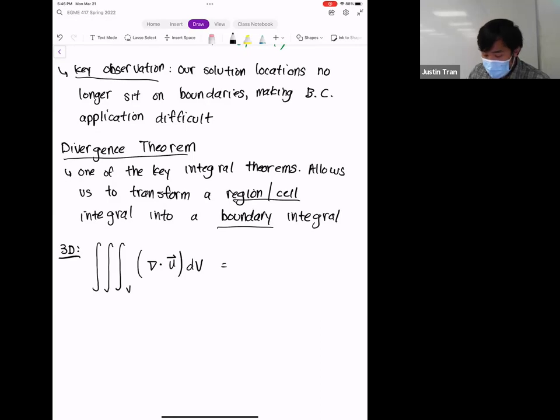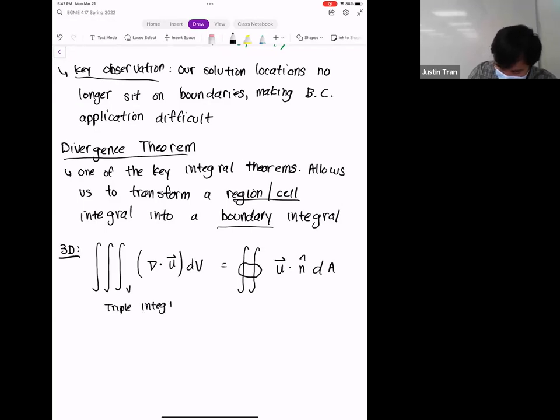And so what the divergence theorem says is that if you have the divergence of some function like this, you can transform this triple integral here into a surface integral. Okay. And so I'm going to denote a surface integral by writing 2 integrals with an oval through them. And so this one right here would be a triple integral over the volume.